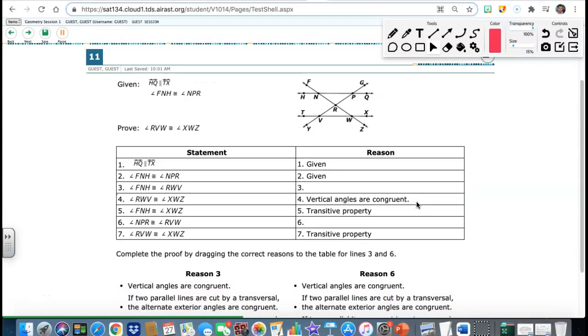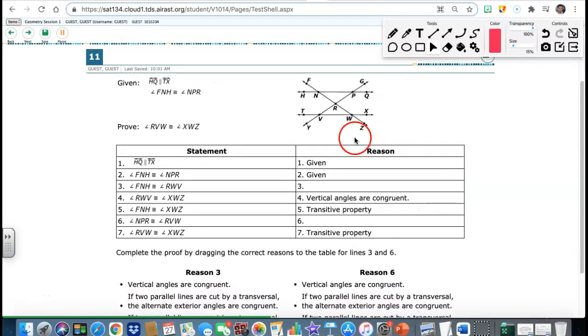Now let's read the problem. Given: HQ is parallel to TX. These two lines are parallel. Angle F and H is congruent to NPR, and that's given.